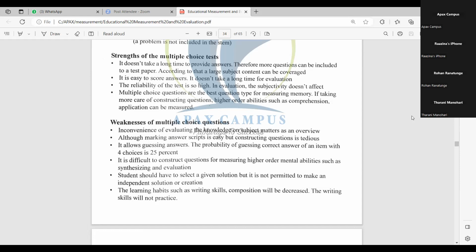Nobody agrees with that. Application can be a higher order mental ability. So you can check some higher order cognitive abilities like application. Right? But this is best for the lower order things like memory, remembering and understanding.